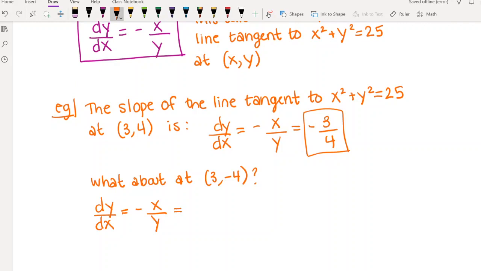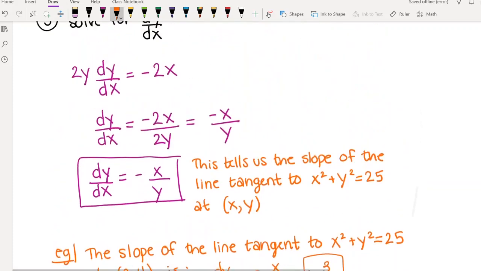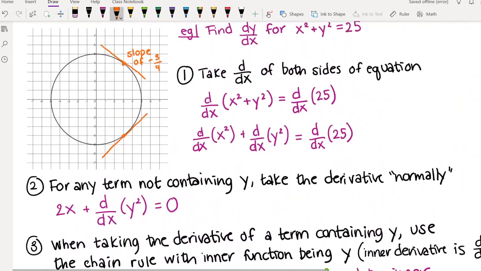So that would be equal to negative 3 over negative 4, which would equal positive 3/4. Looking back at the graph, that makes sense because the circle has a lot of symmetry. The point with the negative slope, this point straight below it, should have the same slope, but positive.